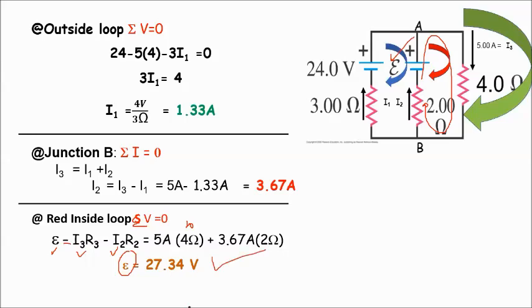So again, we sum up V equal to 0 in the red loop. We start at epsilon minus I3 R3 minus I2 R2 and equate that to 0. The next thing is to solve for epsilon.